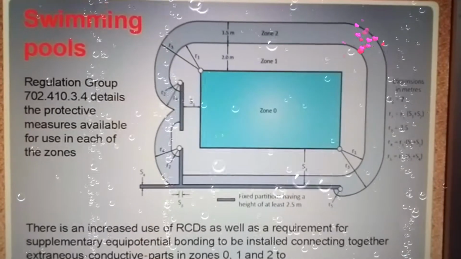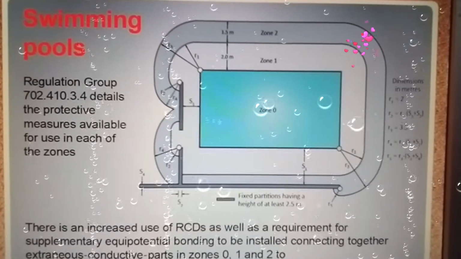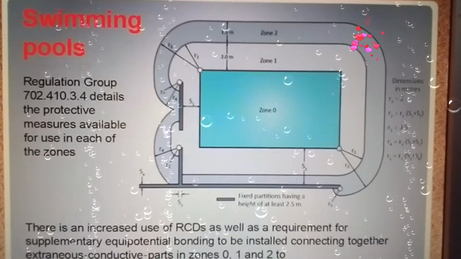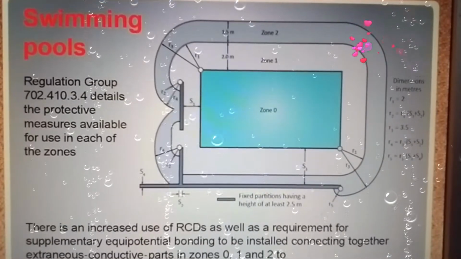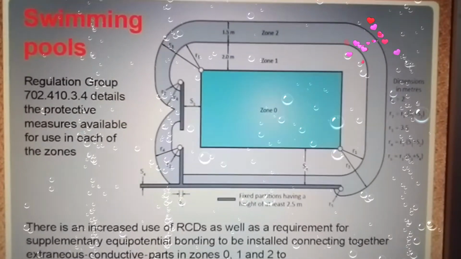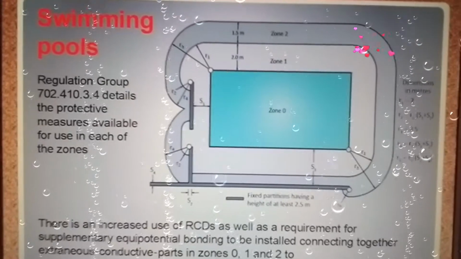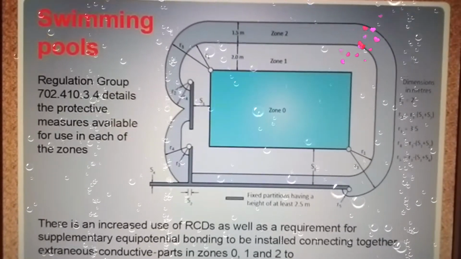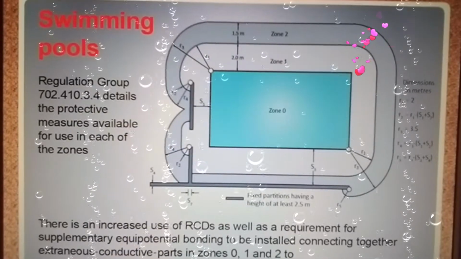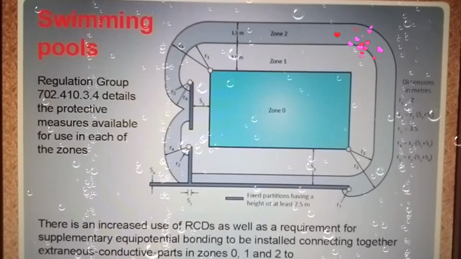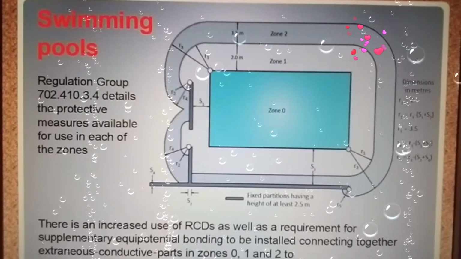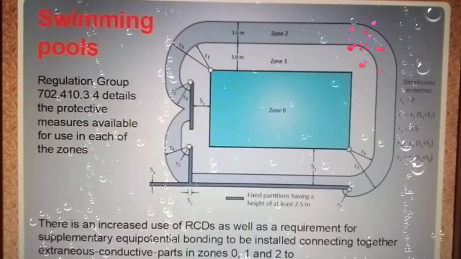And here are your regulations and your criteria for your swimming pools. Regulation group, etc. The protective measures available for use in each of the zones. There is an increased use of RCDs as well as requirement for supplementary equipotential bonding to be installed connecting together any extraneous conductive parts in zones 0, 1 and 2 to exposed conductive parts of equipment situated in those zones.